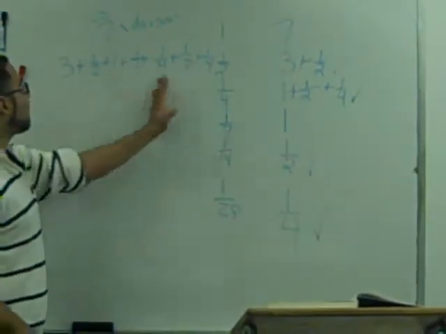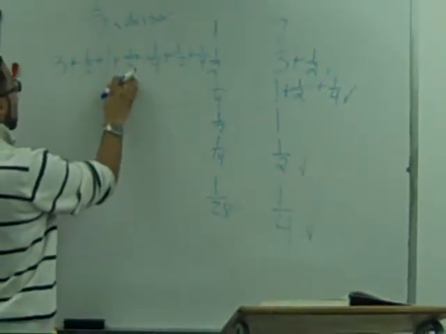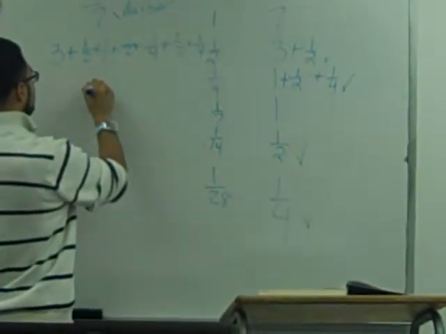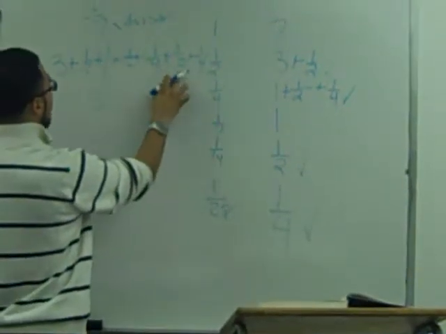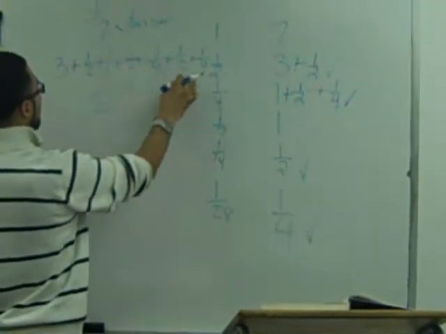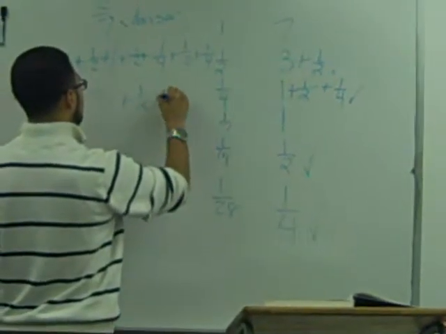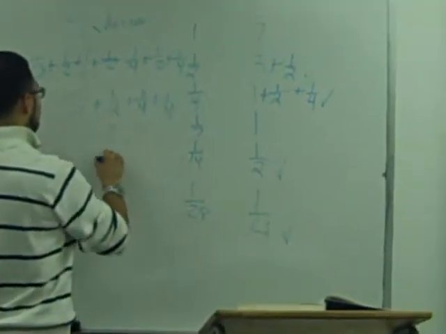Okay, it's a really long part, but let's break it apart. 3 and 1, you get a 4. Half and half, you get 5. Right? 3, 4, and this half and half is 5. And then you get a half and a half is 6. You have 5 plus 1/2 plus 1/4 plus 1/4, which is the same as 6.